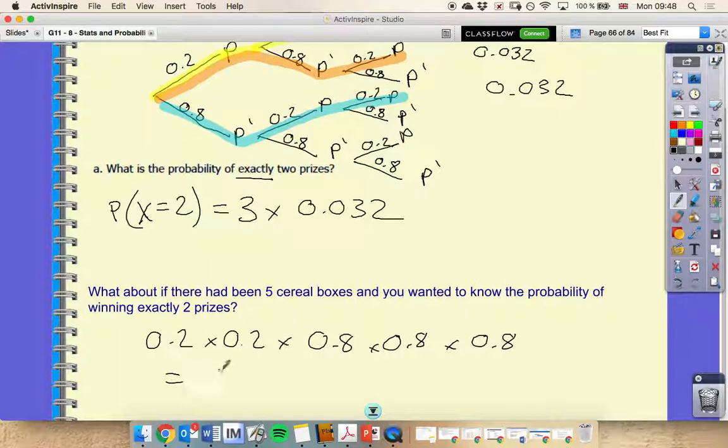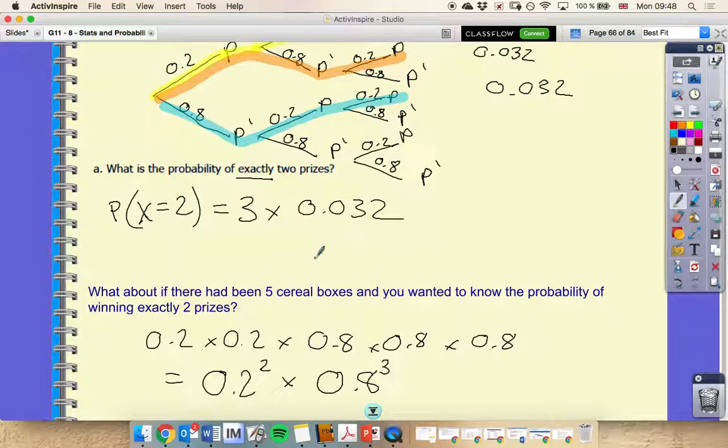Make it neater. How can I simplify it? 0.2 squared times 0.8 cubed. Oh, and look, 2 and 3 make 5. Does that seem familiar? Yeah, that's kind of what we were finding with the binomial theorem, that those powers add up.